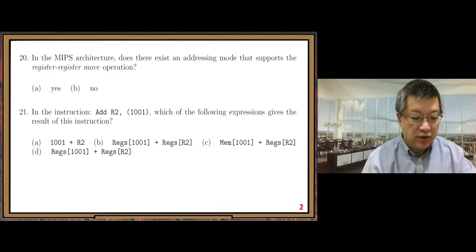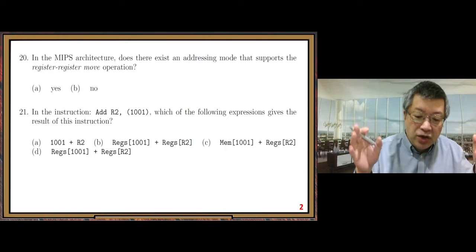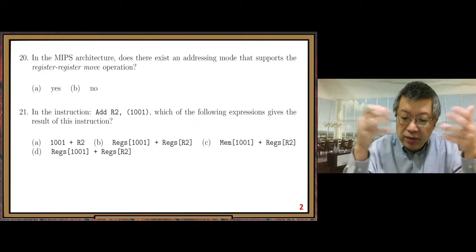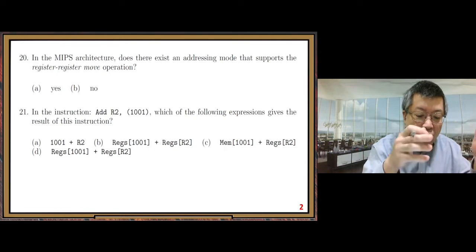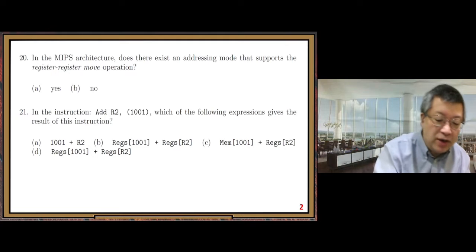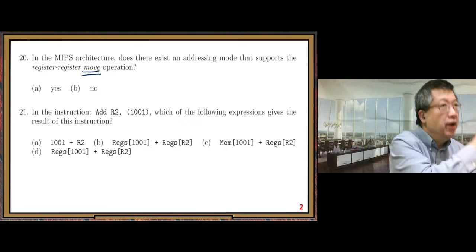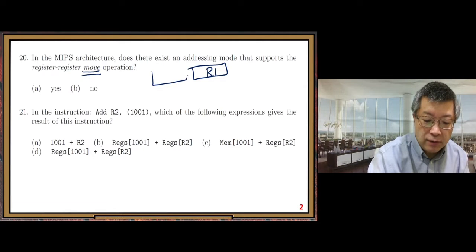All right, so next question, number 20. In the MIPS architecture, does there exist an addressing mode that supports the register move operation? Yes, move operation. Move value from one register to another register, right? So here, suppose this is R1, this is R2.